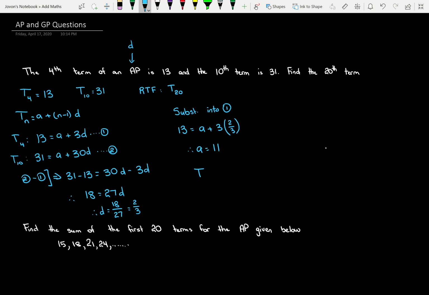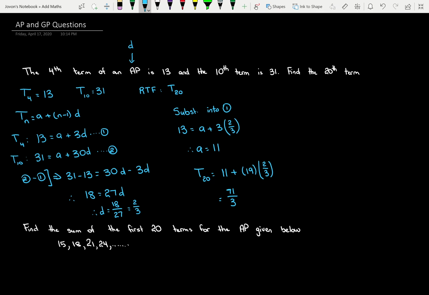So therefore T20 would be equal to a, which is 11, plus n minus 1, which is 19, multiplied by d. And this would give us the 20th term in our sequence. Okay, so we found T20.